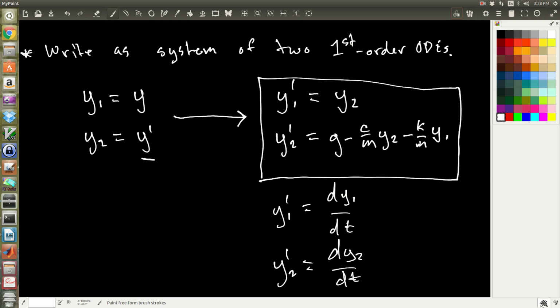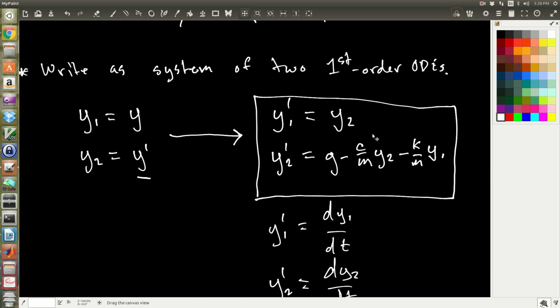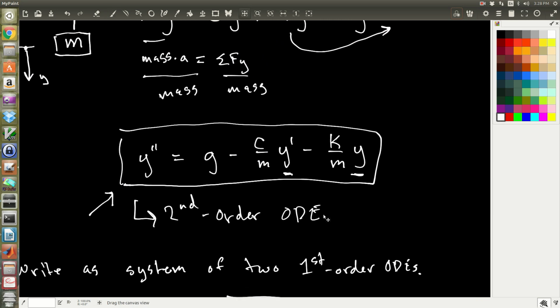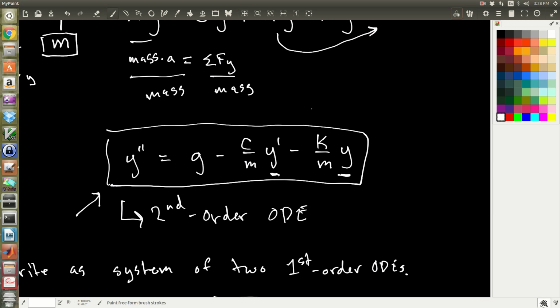Now I forgot to introduce auxiliary conditions for this problem, and each of these ODEs needs an auxiliary condition. Because this is second order, we need two auxiliary conditions. I need an initial condition for the displacement.